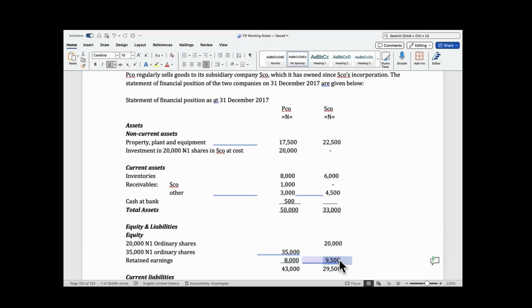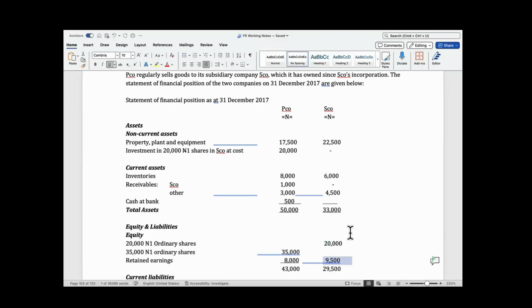And I said, no, you don't cancel this out because it's not part of what we acquired. So it's not a similar item. So yes, we have a share in this retained earnings. The parent has a share. In fact, the parent fully owns it.